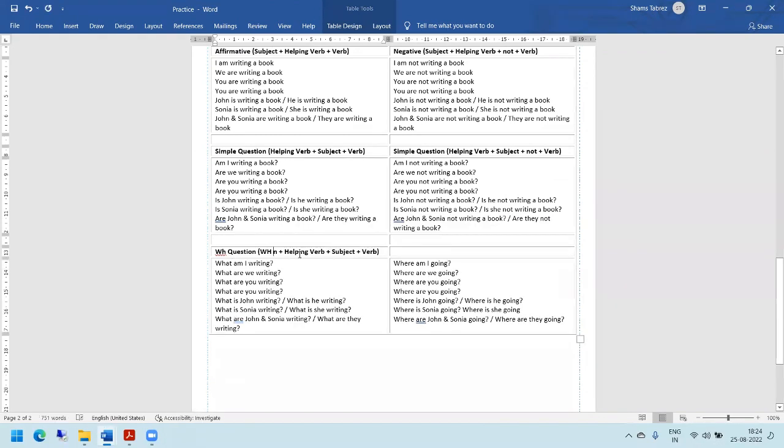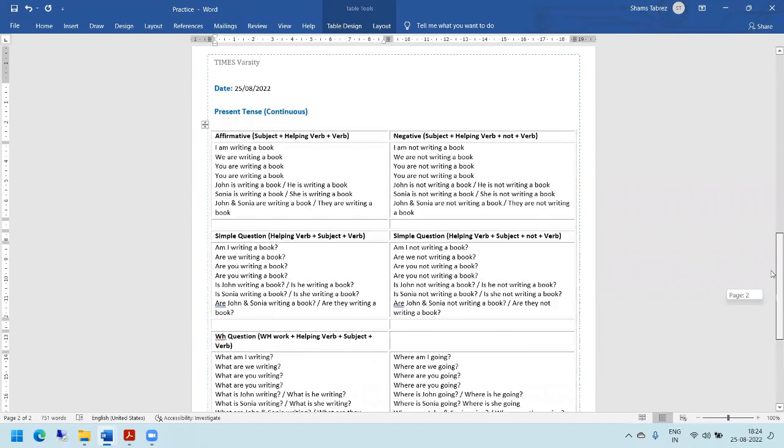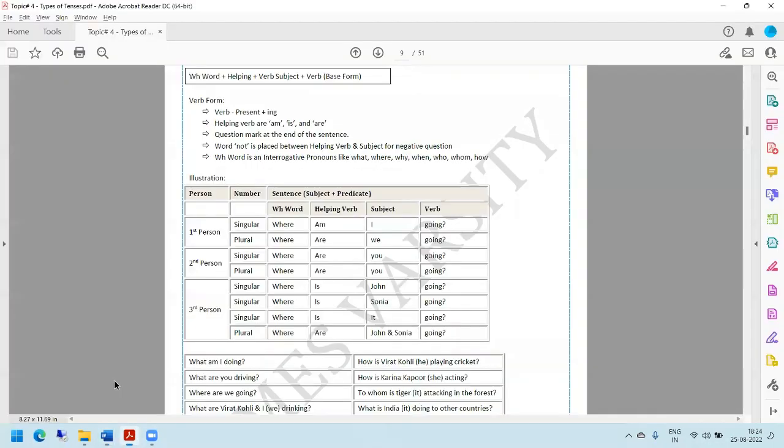and then helping verb. So in a simple question, if we add a WH word, it becomes a WH question. This is about present tense. Here I would like to add some more points.